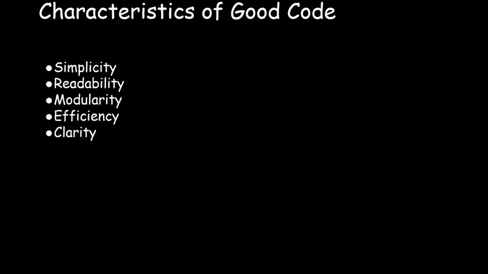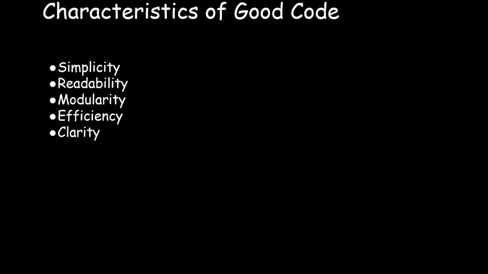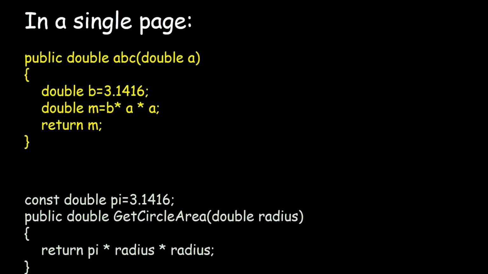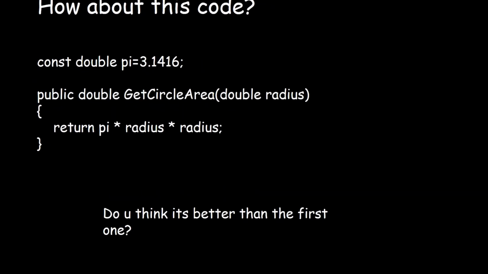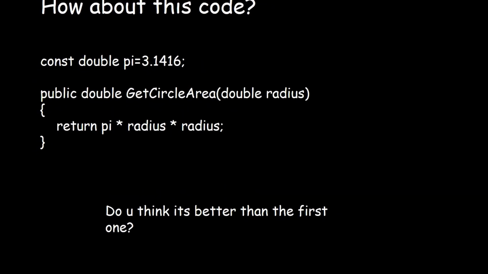And the last one is clarity. That means your code does what it's supposed to do. Suppose the get area of a circle, that means getCircleArea, it's supposed to give me pi r square.